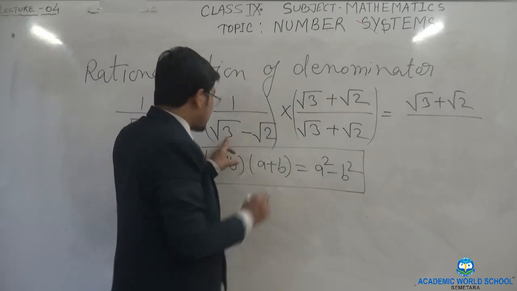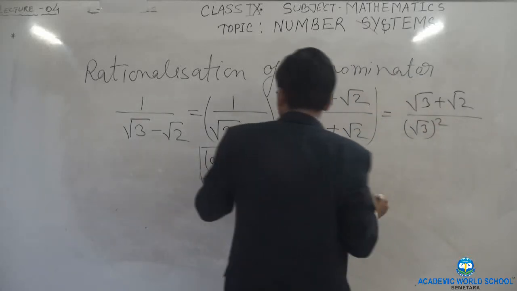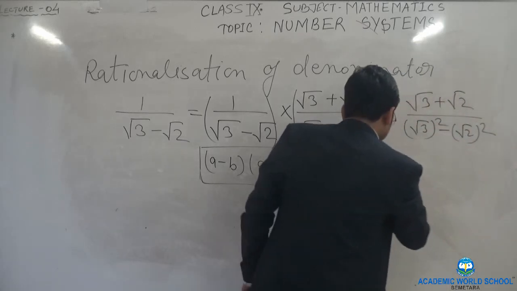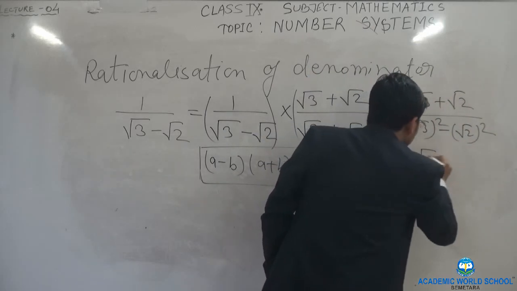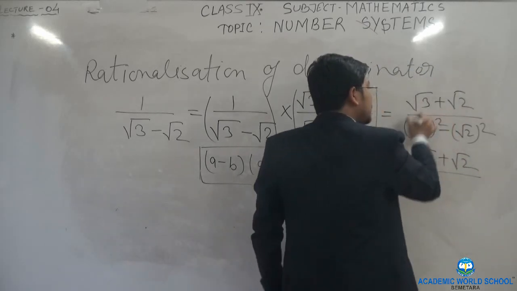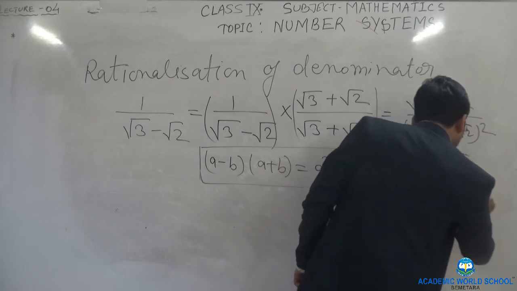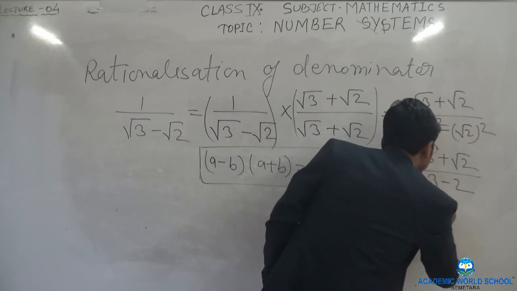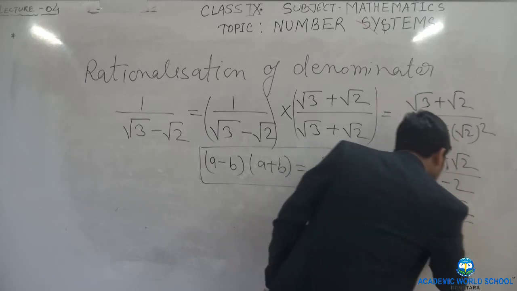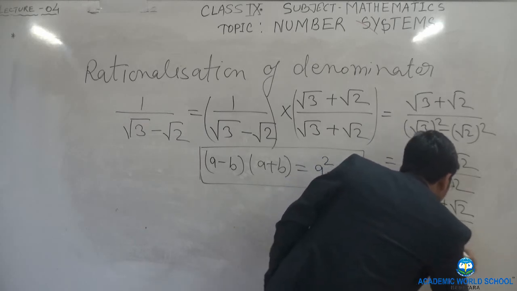So this is root 3 square minus root 2 square. So this will be root 3 plus root 2 upon root 3 square, which is 3, minus root 2 square, which is 2. So this is root 3 plus root 2 upon 1. So the answer is root 3 plus root 2.